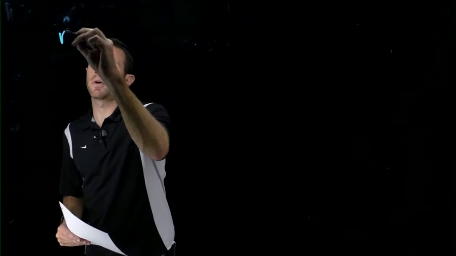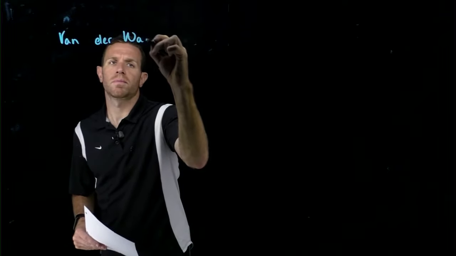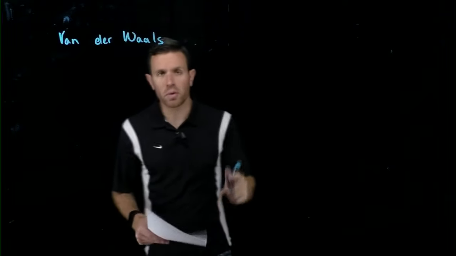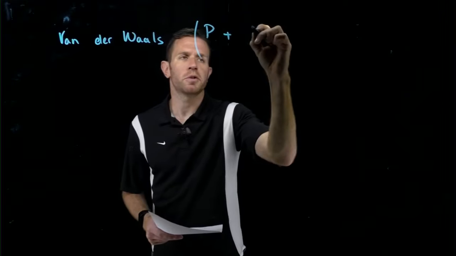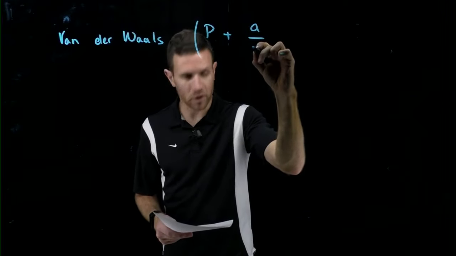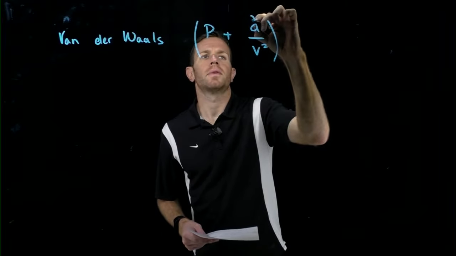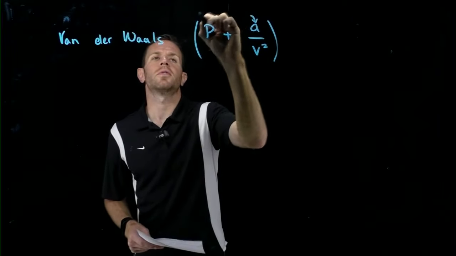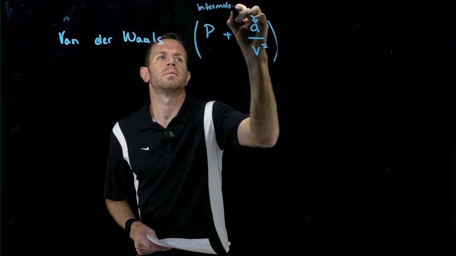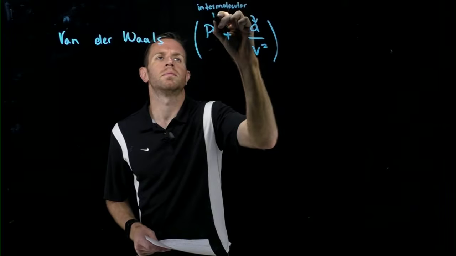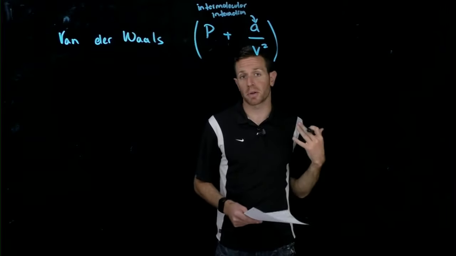One of those popular equations of state is called the van der Waals equation of state. It looks something like this. P for pressure plus little a over v squared, where v is, again, specific volume. A represents intermolecular interaction. Van der Waals recognized that molecules interact with each other.